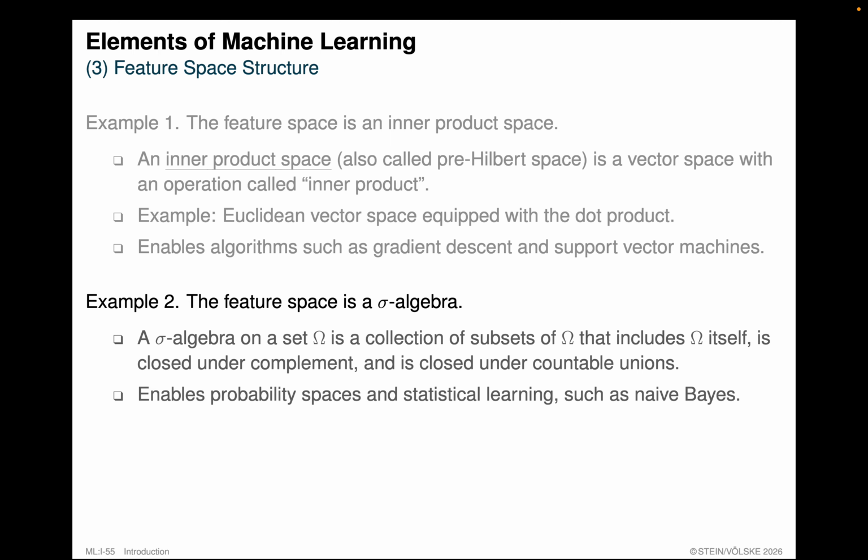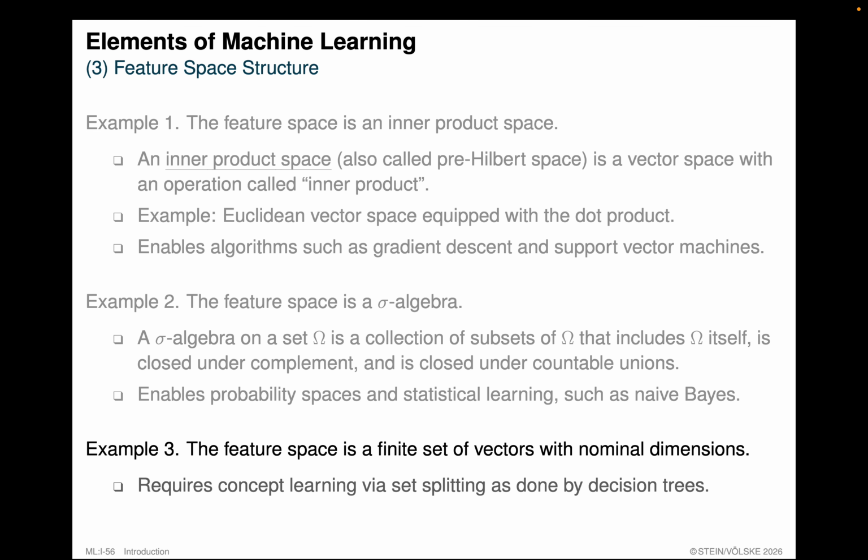For example, unify certain different events and then still find the complement of that in omega. So this enables probability spaces and enables statistical learning, for example, based on the naive Bayes algorithm.